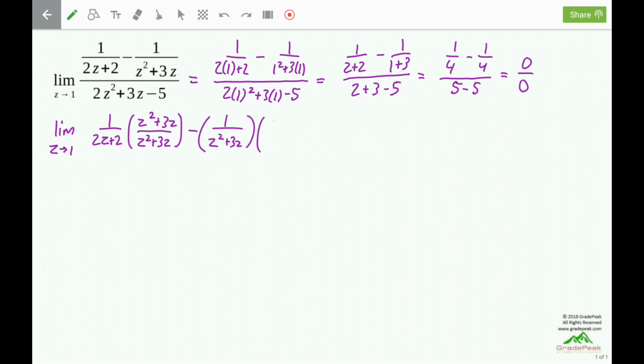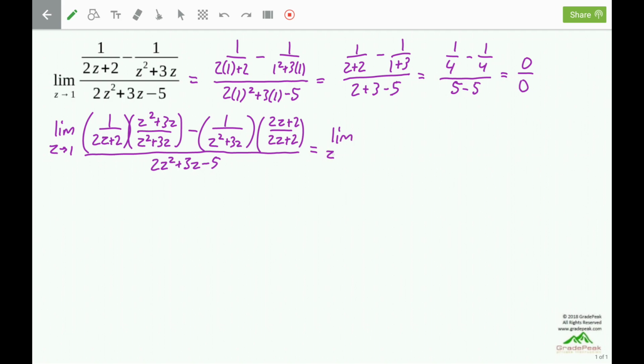We're going to multiply this one times 2z plus 2 over 2z plus 2, a form of 1 as well, to get the common denominator. And then this entire thing is over 2z squared plus 3z minus 5. We're not going to do anything with that since that is not fractions. We're going to just work with common denominators for now.